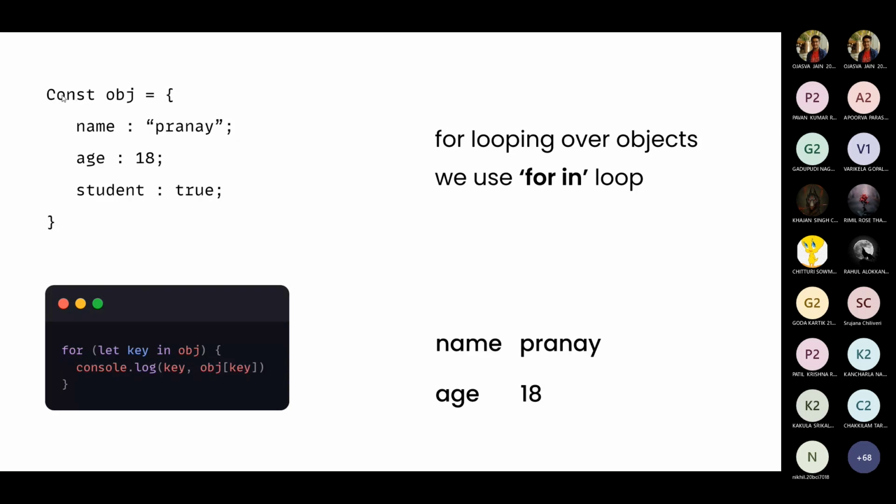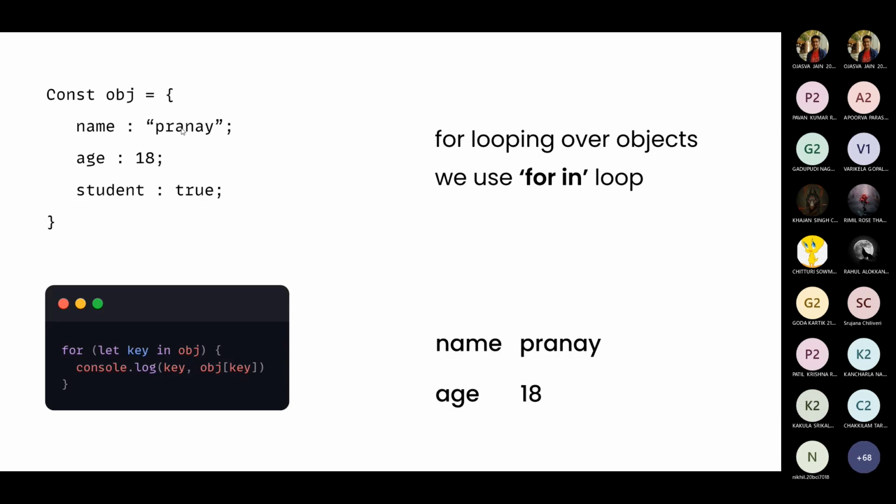Above, if you observe, the const obj is the same object that I used previously, and I'm saying for let key. I have used let to initialize a new variable called key. For every key inside the object. Now there are three keys inside the object, right?